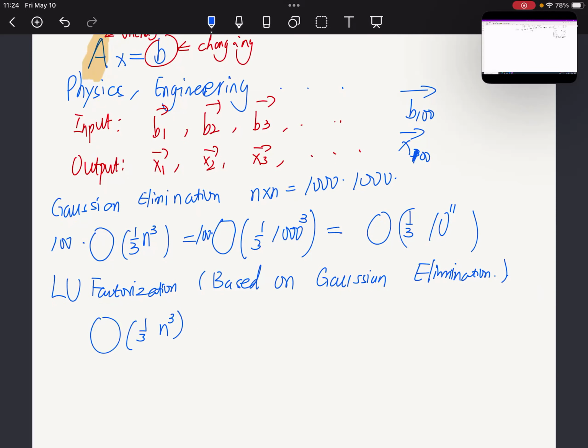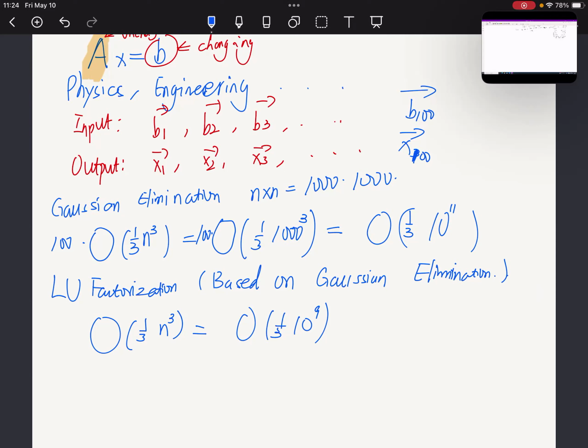So at the end of the day, this one is better, but it's not super better. You don't need to do the Gaussian elimination procedure every time, so we reduce it from 10 to the 11 to 10 to the 9. And this is the LU factorization we are going to talk about here.